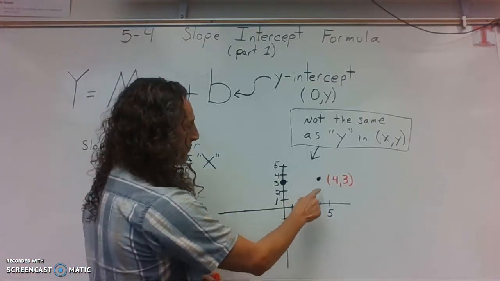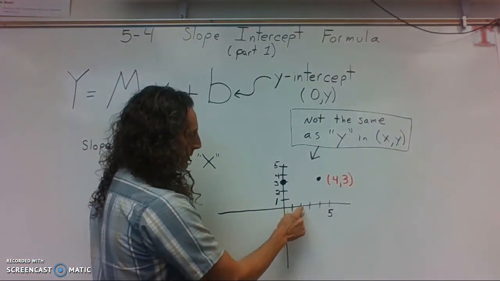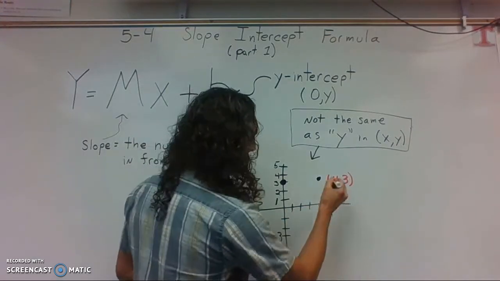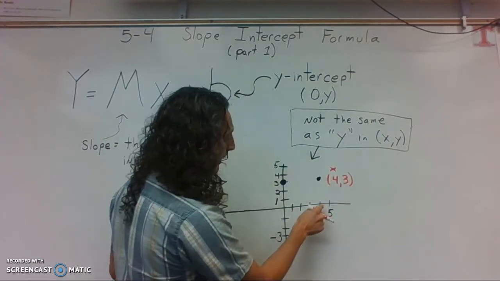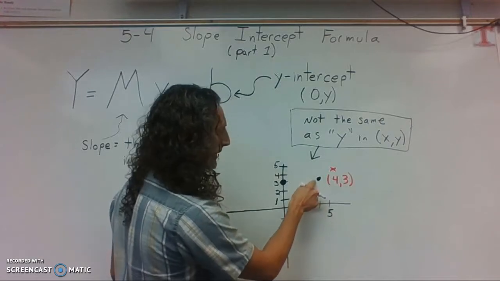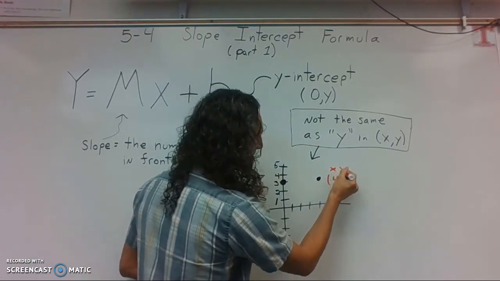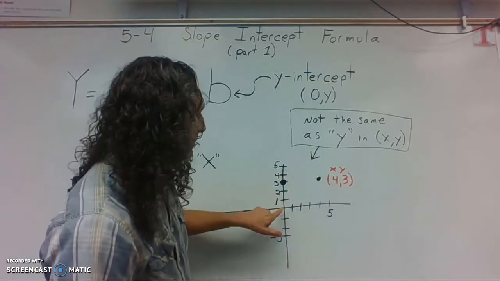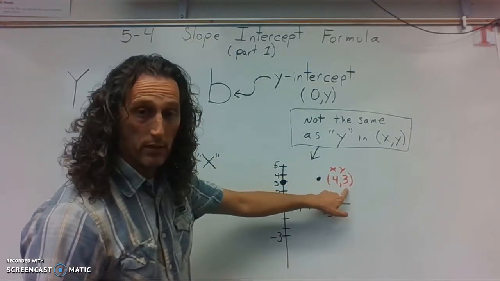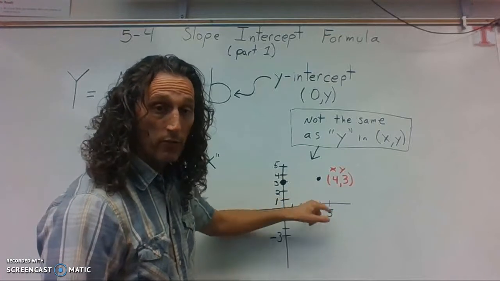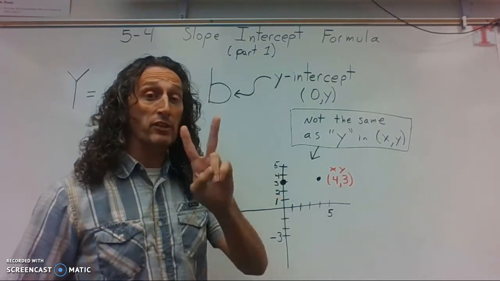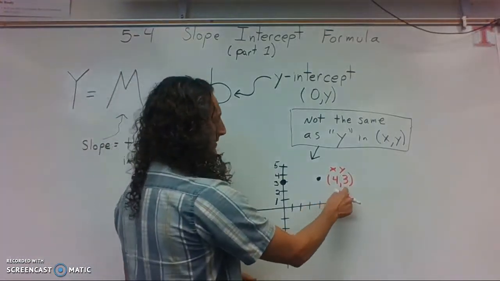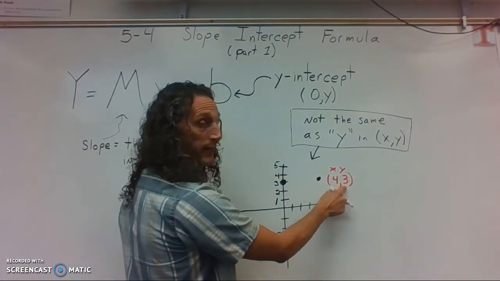So if you take a look at this point, it's 1, 2, 3, 4. That's my x, right? It's an ordered pair. This is my x. And then I go up 3. 1, 2, 3. This is my y value, right? So a y value just means it's part of an ordered pair, okay? Remember, every dot on a graph has to have two numbers, an x and a y. Well, that's what that is. So this is 4, 3.